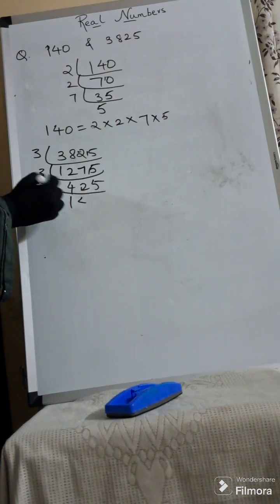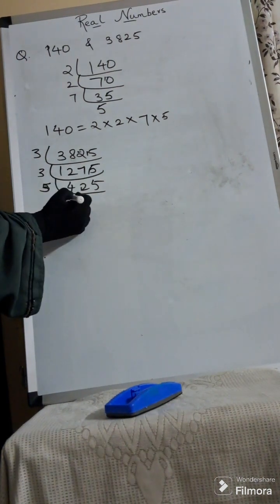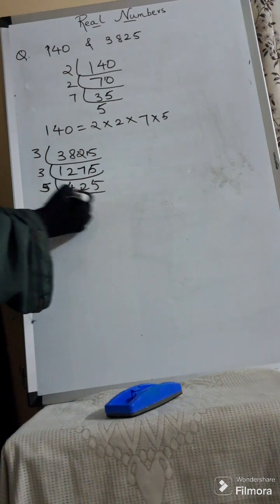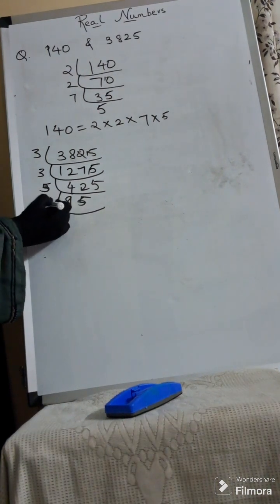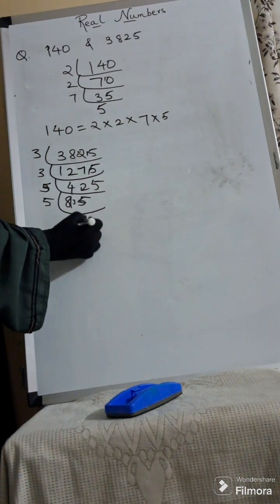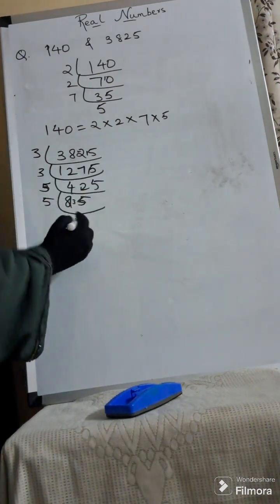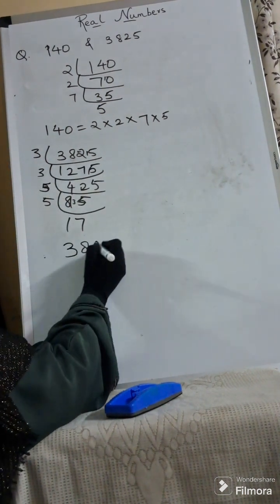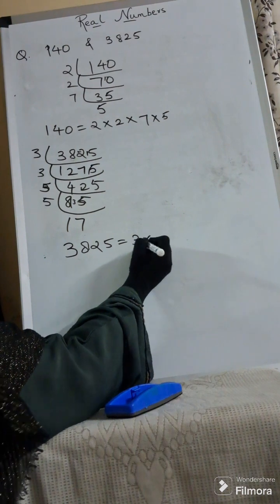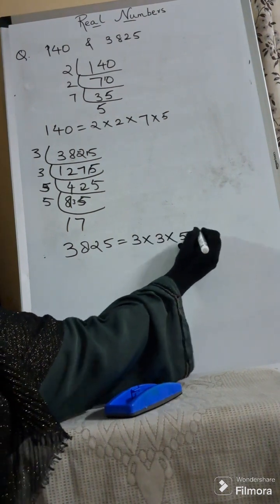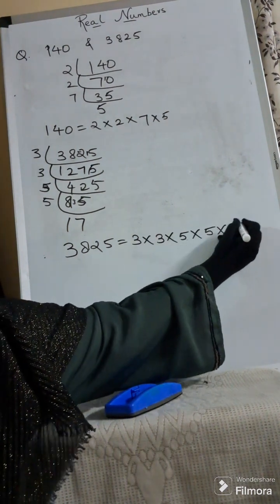We can't go with 3, right? So it should be with 5. 5 8s are 40, 5 5s are 25. And again 5 1s are 5, 5 7s are 35. So 3825 can be written as 3 into 3 into 5 into 5 into 17.